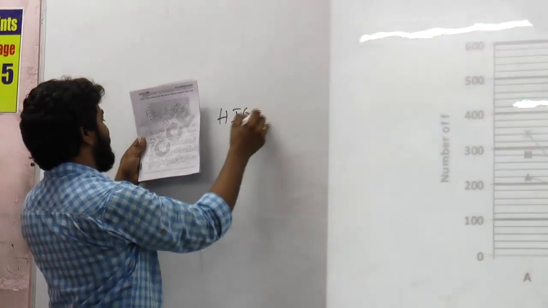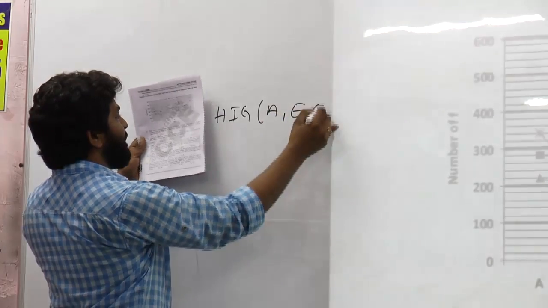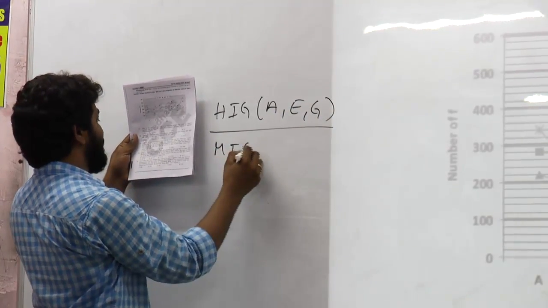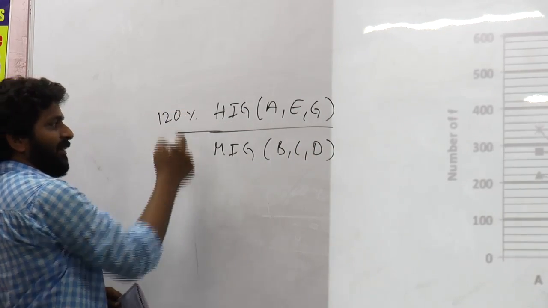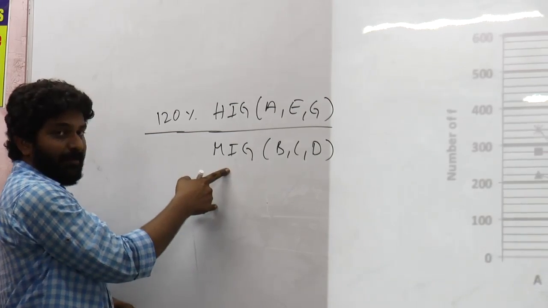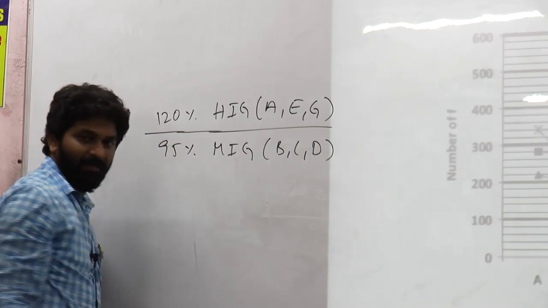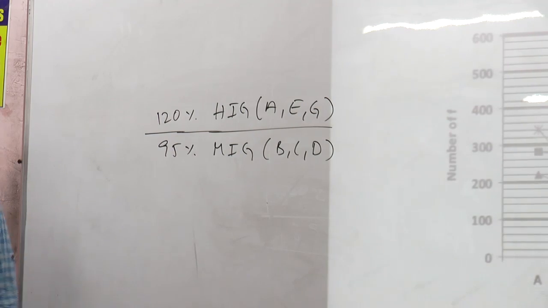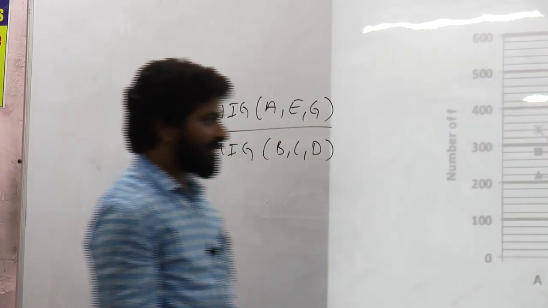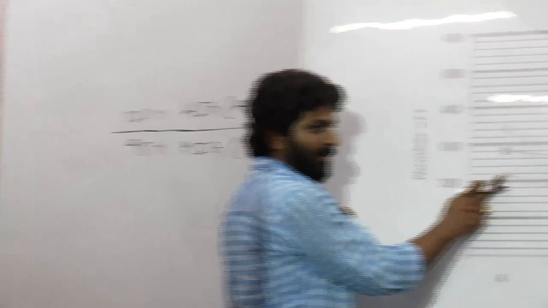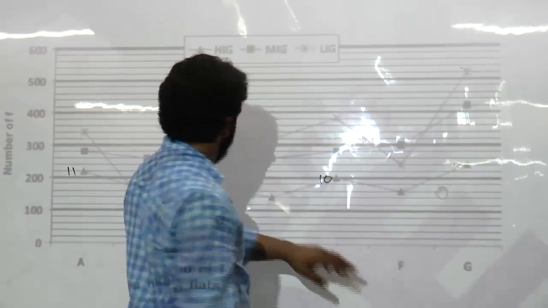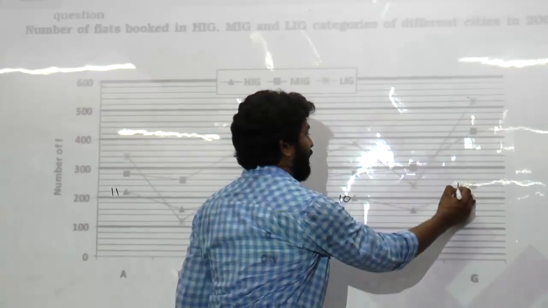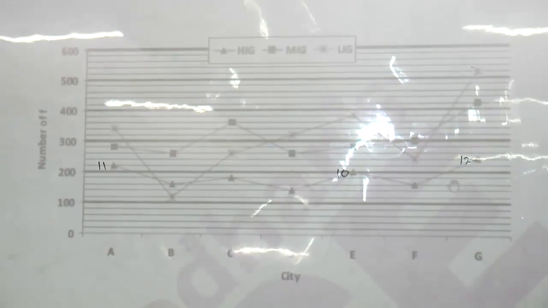So, wait a minute, let me write it. From HIG, A and E, and from MIG, B, C, D. Here it increases by 20%, so 120% of something, and it decreases by 5%, so 95% of something. Now you need to calculate numbers. A and E for HIG: 11, 10, 12, total 33.